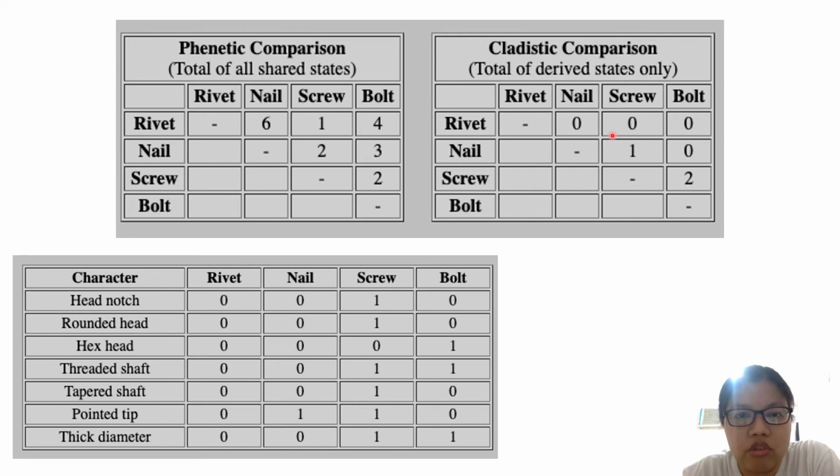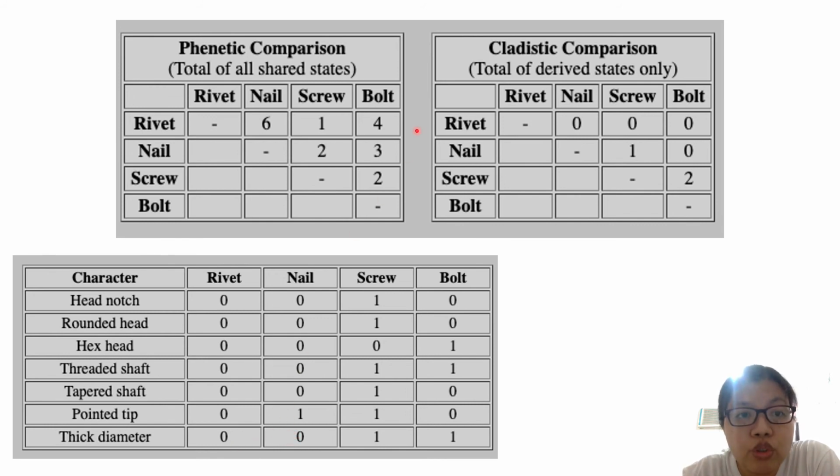So we don't count the absent state. We call these characters derived states. So if we compare the nail and rivet for phenetic comparison, they shared 6 states, which are the absence of 6 characters.